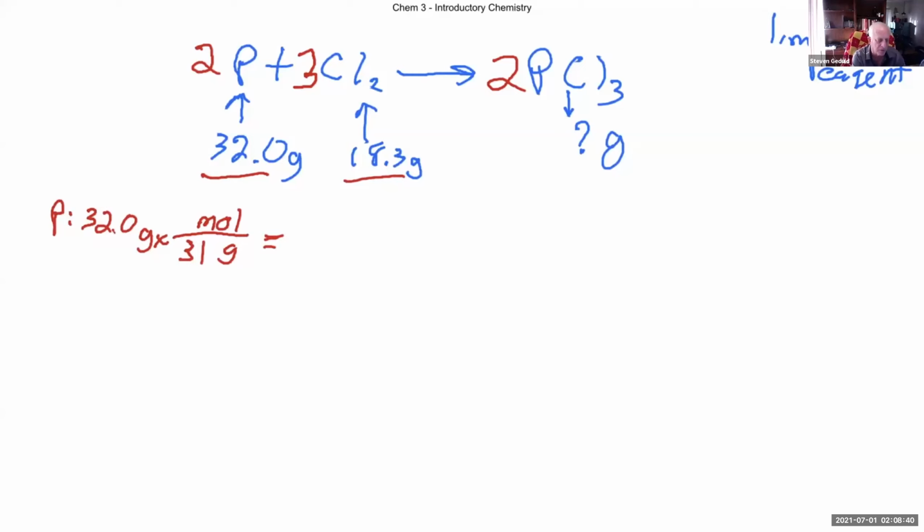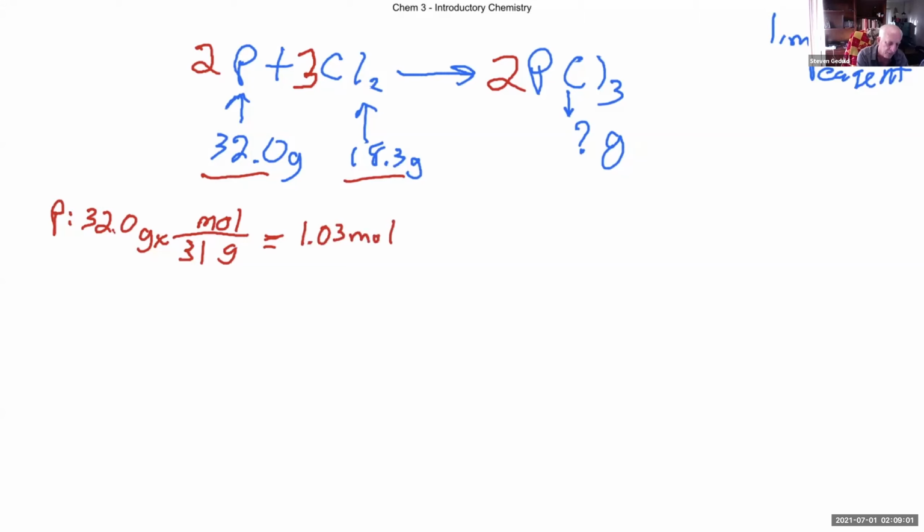So I have 32 grams of it. So 32 divided by 31. Where's my calculator? There it is. So 32 divided by 31 equals 1.03 moles. So 1.03 moles.